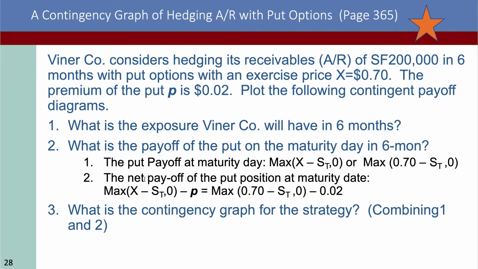However, the net of that put option will be the payoff minus the price of the put. In our case, it will be maximum of 0.7 minus ST or 0, then minus 0.02.